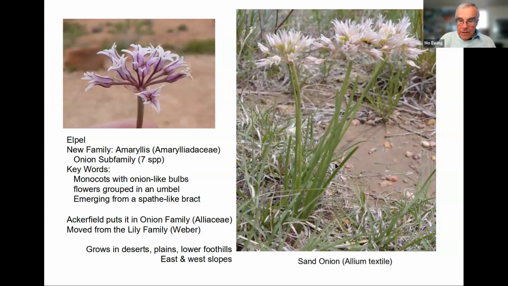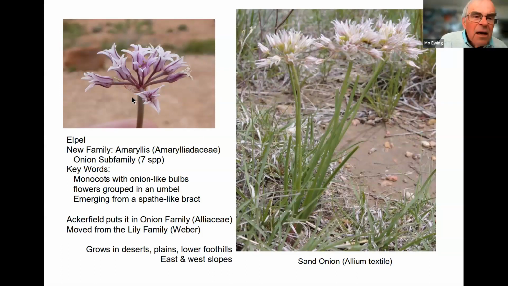Monocots, again, with leaves with parallel veins, onion-like bulbs, flowers grouped in an umbel. Remember, the carrot family has a double umbel. This is a single umbel, but all the flowers' pedicels come out of the top of the stem. Small flowers grouped in an umbel emerging from a spade-like bract.